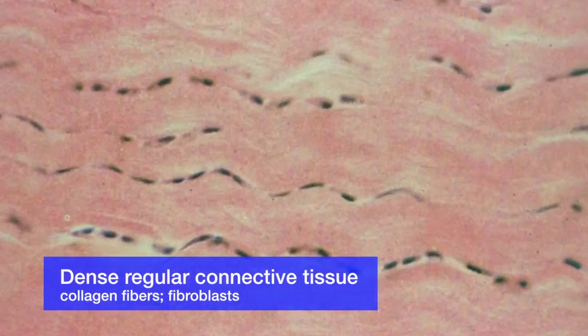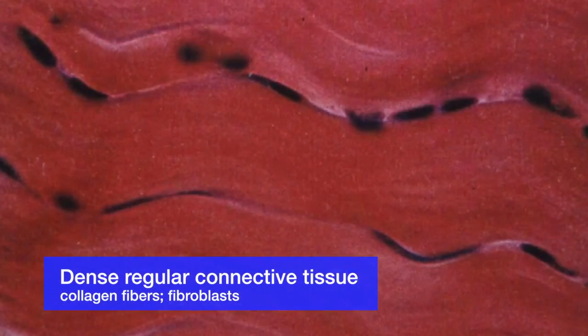Dense connective tissue contains more fibers, which are thicker and more densely packed, but has considerably fewer cells than loose connective tissue. Three types of dense connective tissues are dense regular connective tissue, dense irregular connective tissue, and elastic connective tissue. But in this video, we're just covering the dense regular connective tissue.